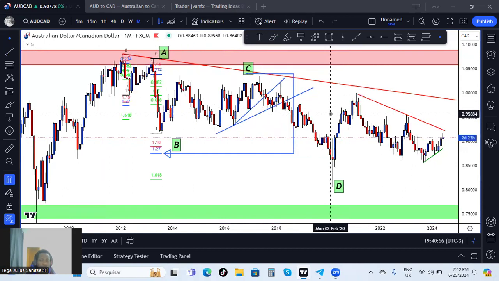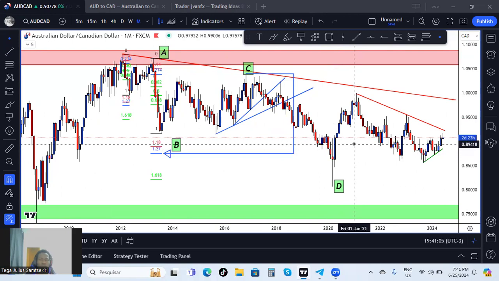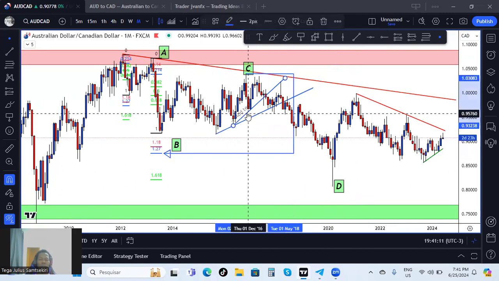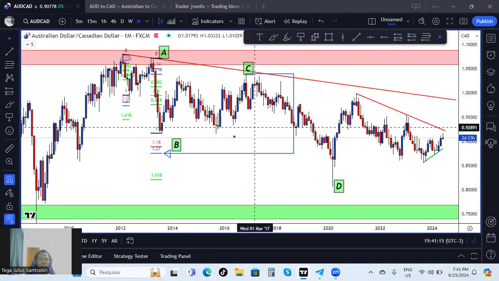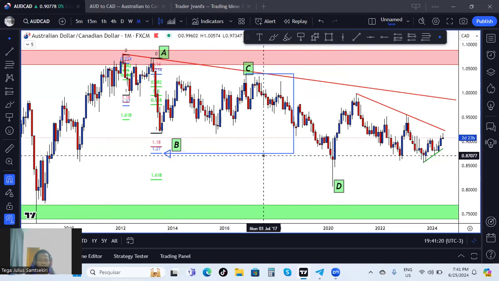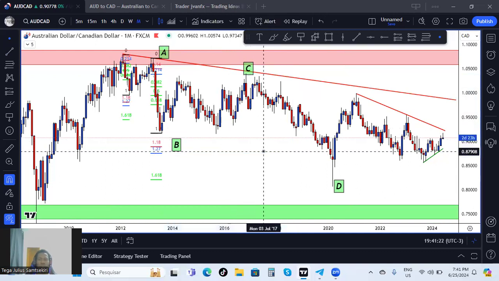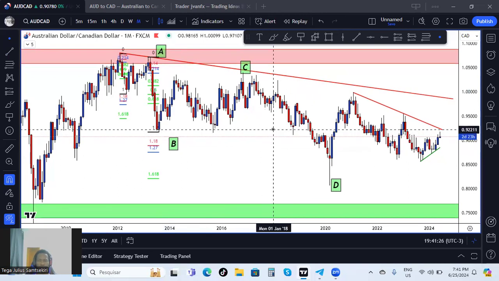It takes time for the Fibonacci to accomplish the extension D. It takes a lot of time, but if you are a patient trader, if you are not a type of trader that allows his or her emotion to control them, just be patient, take the trade and leave the market and let the market do its thing. You'll be surprised to see that the market eventually will go in your direction long term, right?